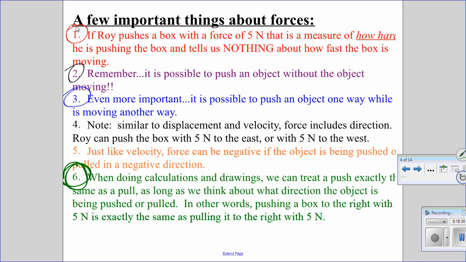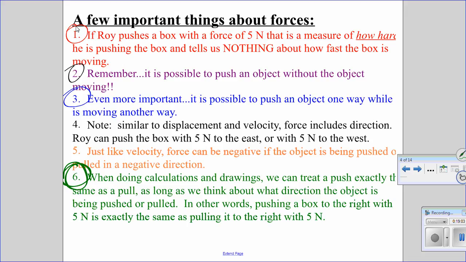Because both times I was exerting a force that way, to the left, right? So, in other words, pushing a box to the right with 5 newtons is exactly the same as pulling it to the right with 5 newtons. All right? So what's going to be important is what direction is the force pushing or pulling, and how much force is there. Whether it's a push or a pull is kind of inconsequential.